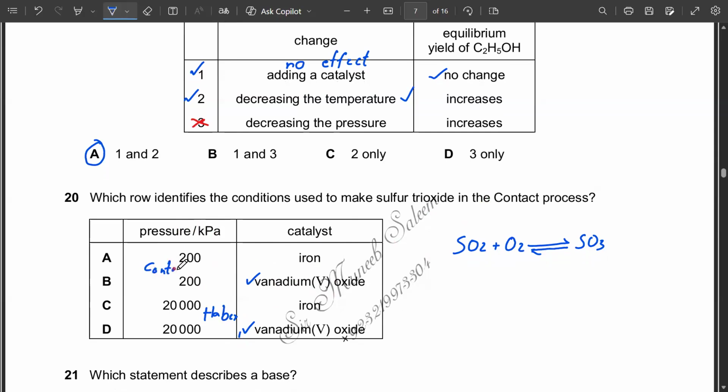If you convert them into atm, then this is 2 atm, and 20,000 kilopascal is equal to 200 atm. So be careful selecting the pressure values. So this is correct from this part, and vanadium is also correct, which means B is the correct option.